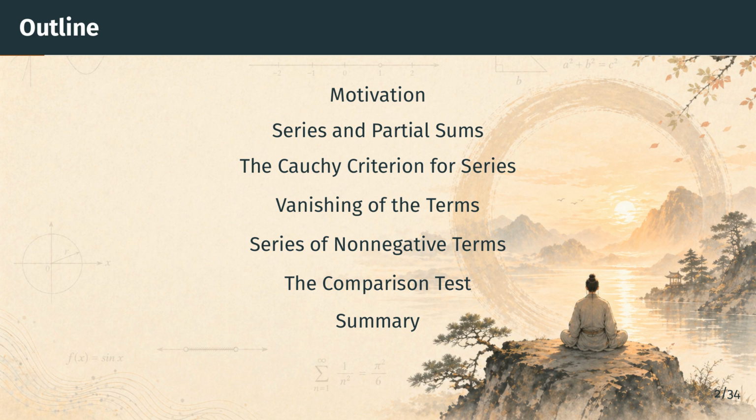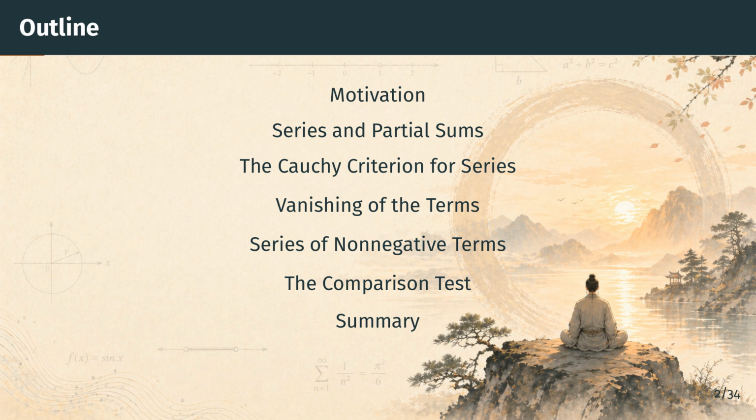Here is the plan for this section. We start with motivation. Why infinite sums show up everywhere, and what could go wrong if we are not careful. We then write down Definition 3.21, which turns an infinite sum into a sequence of partial sums. With that in hand, the Cauchy criterion for sequences, Theorem 3.11, translates directly into Theorem 3.22, the Cauchy criterion for series.